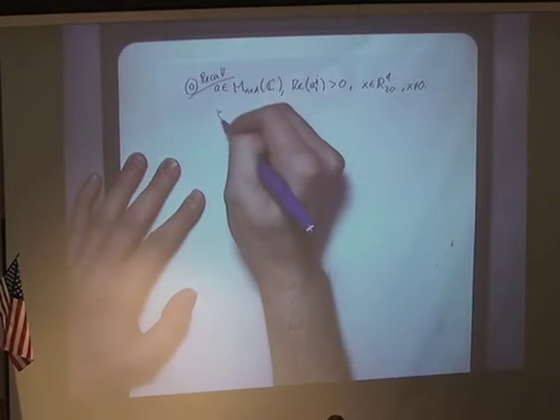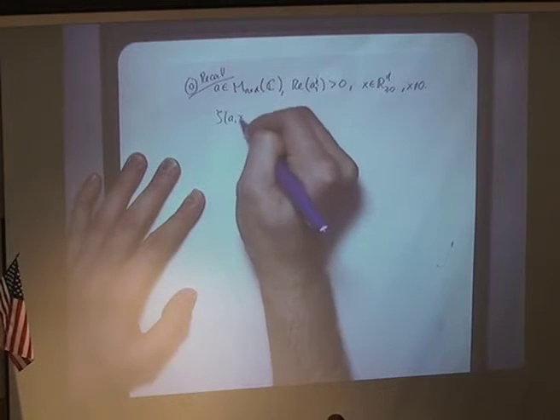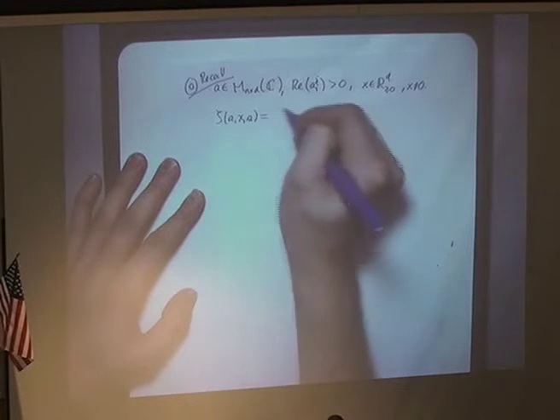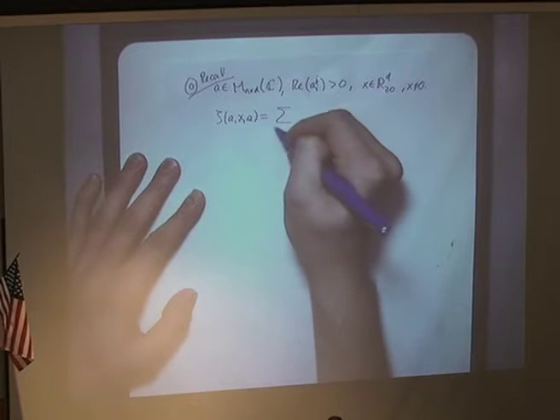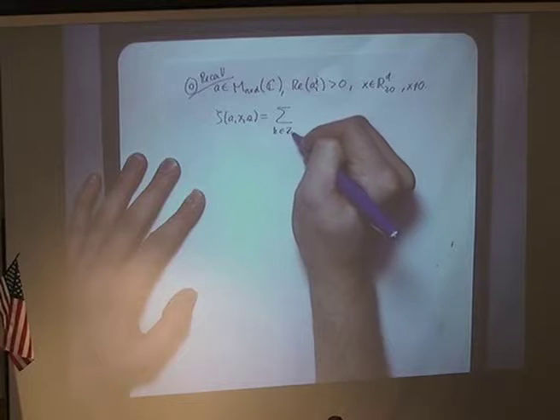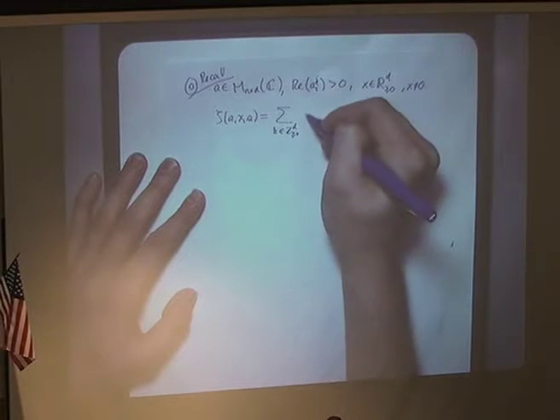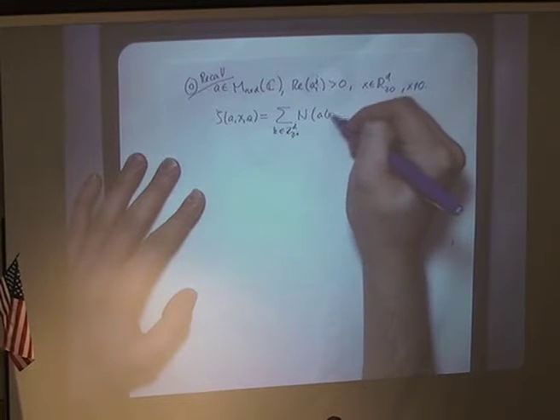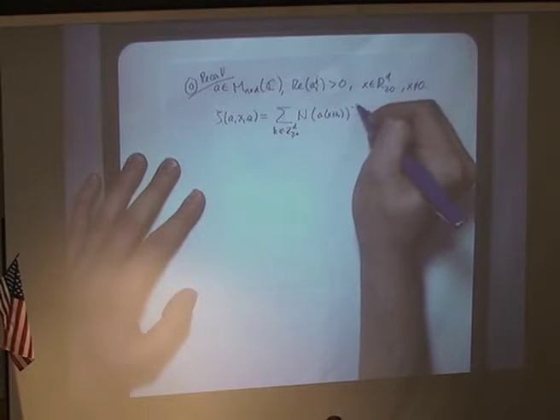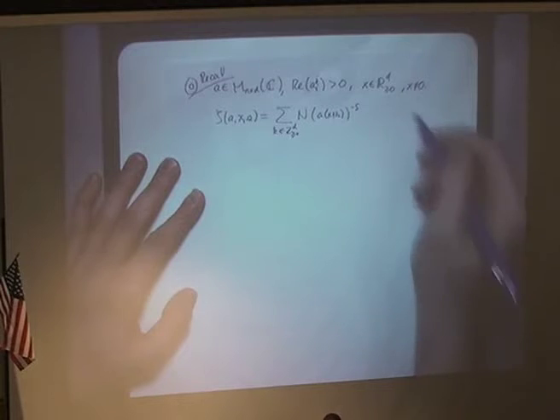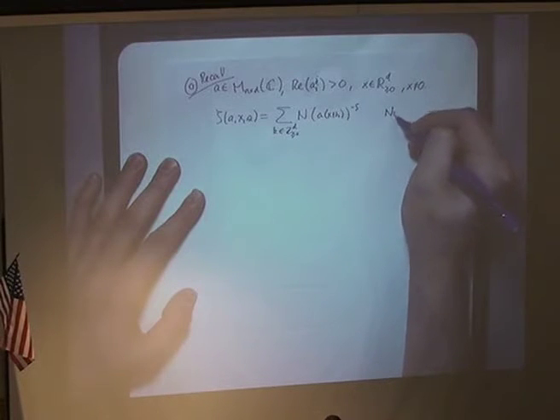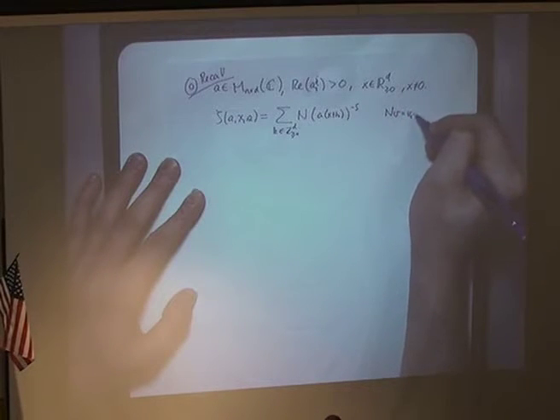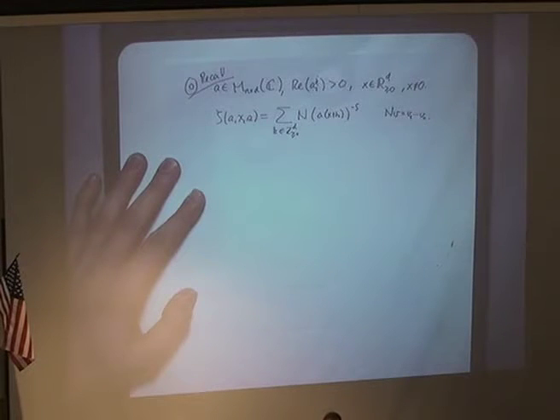And the Shintani zeta function associated to these data is defined to be the sum over D-tuples k of non-negative integers of the norm of the vector A times x plus k to the minus s, where by the norm of a vector, I just mean the product of its coordinates.